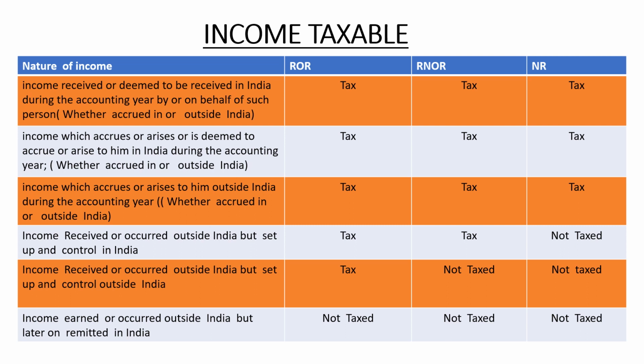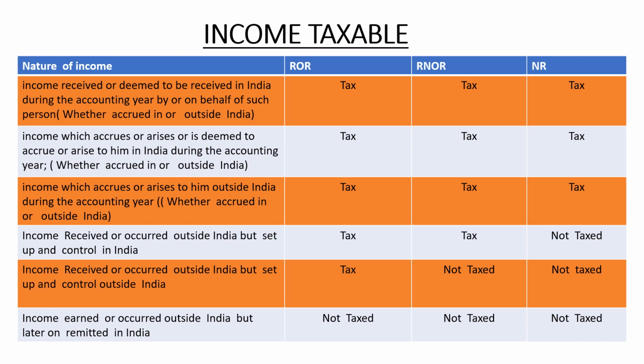Now come to the next condition, income received or accrued outside India but set up and control in India. For example, if a person living in the USA has a house rent business in India and he gives his room on rent, and he asks the tenant to transfer the rent amount to my account in the USA.